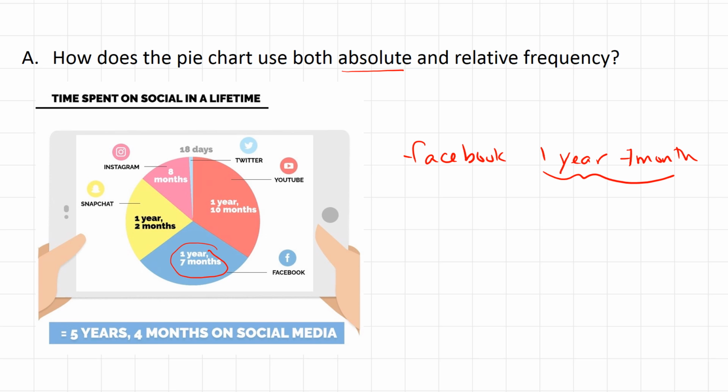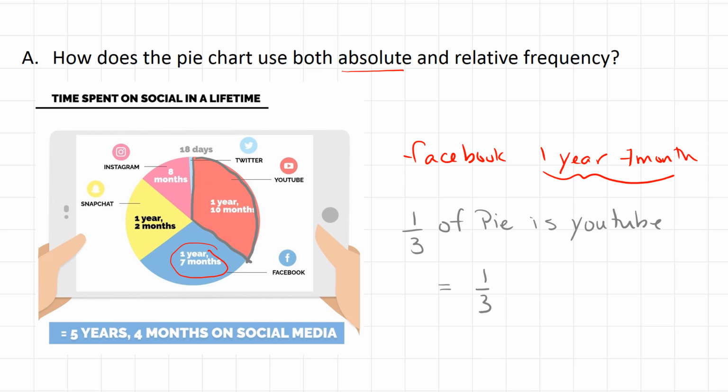So YouTube is this large here, and that's about, if you cut the pie into thirds, about a third of the pie. So 1/3 of the pie is YouTube, and 1/3 is approximately 33%.